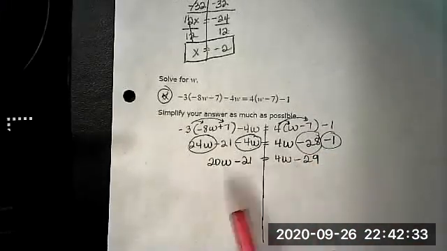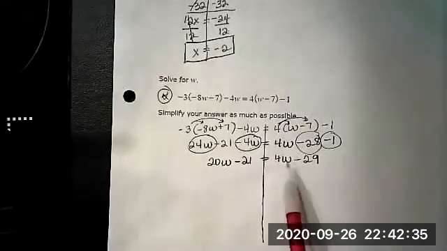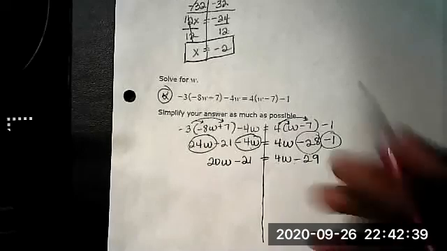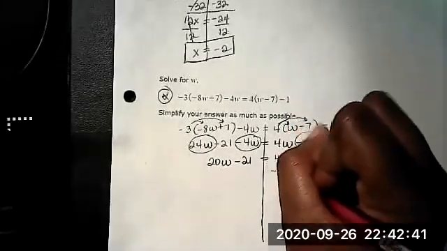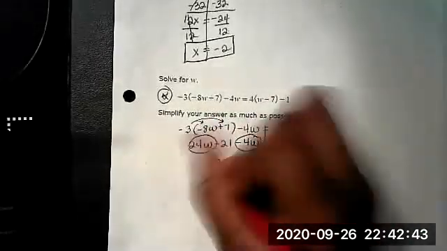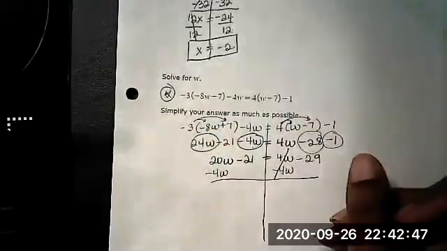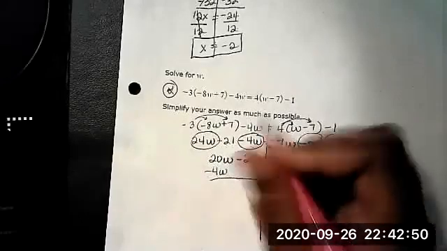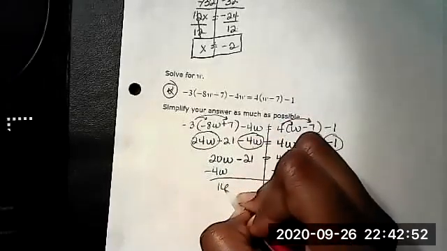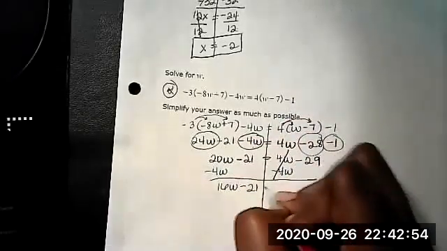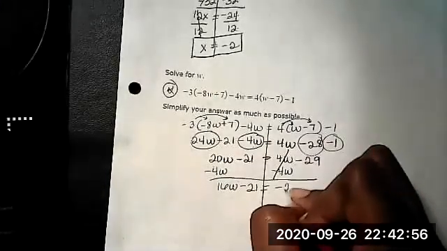And now when they're on different sides, I'm going to bring this letter over here. I'll always do it the same way. That's me. Again, Alex may teach you another way. So if it's positive, I'm subtracting 4W from both sides. So this becomes what? 16W minus 21 equals negative 29.